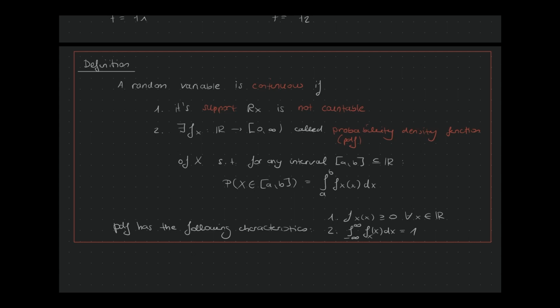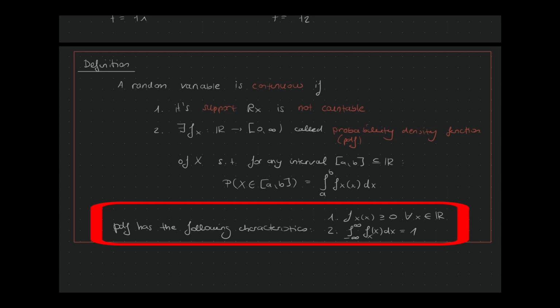A PDF has also the following characteristics. First, f of x is greater or equal to 0 for any x that is an element of the real numbers. And the second property is that the integral from minus infinity to infinity of the PDF is equal to 1.